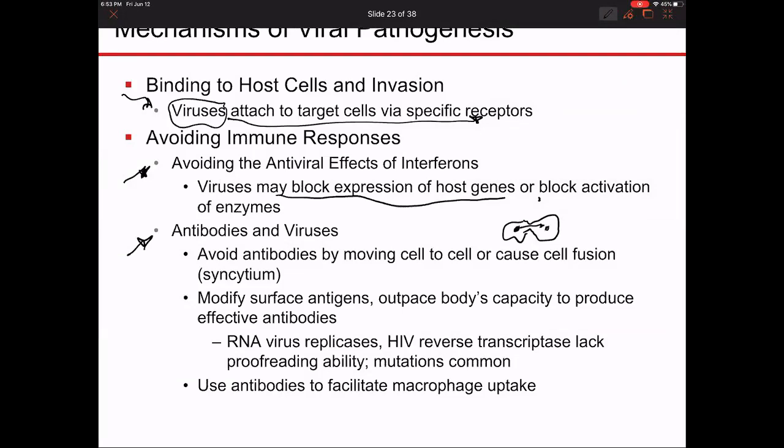In that way, they don't have to go out. And this is the case of syncytium that may mediate this process of infection.